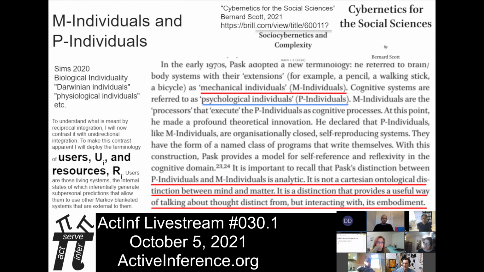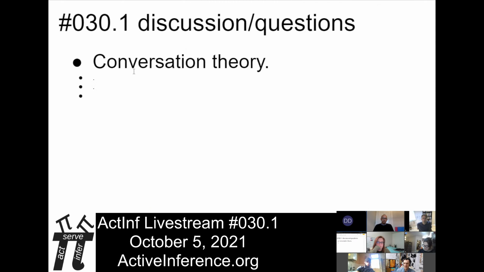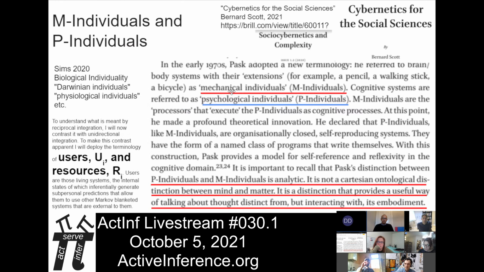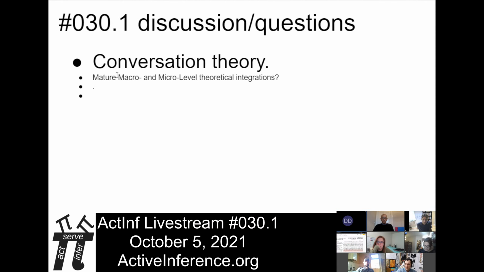As of the moment, no comparably mature micro-level framework has been both proposed for and coordinated with this macro level of analysis. I suggest that the basis for such a needed micro-level framework was proposed by my teacher, the late cybernetician Professor Gordon Pask of Brunel University, in the form of conversation theory.